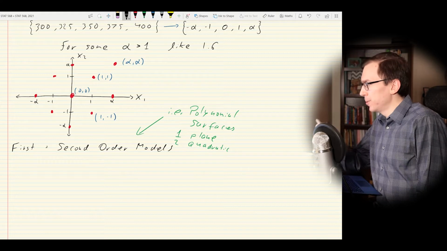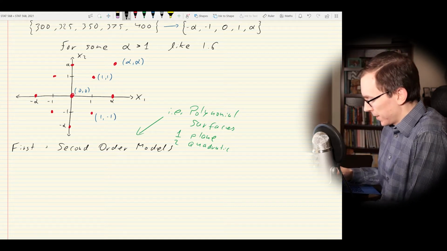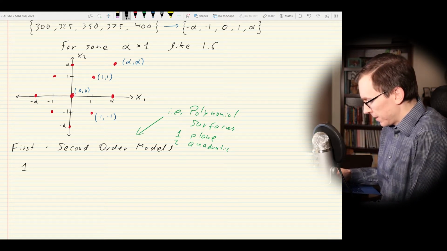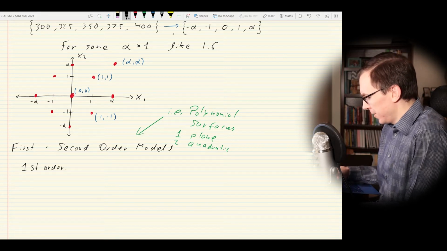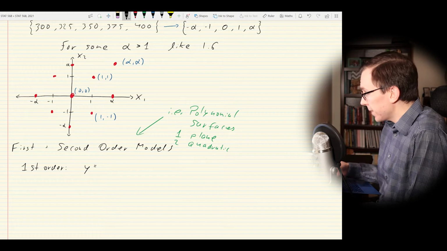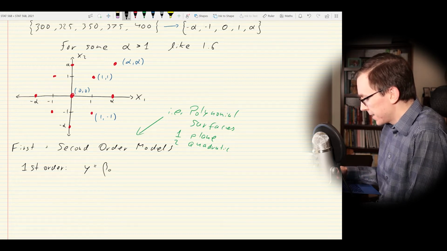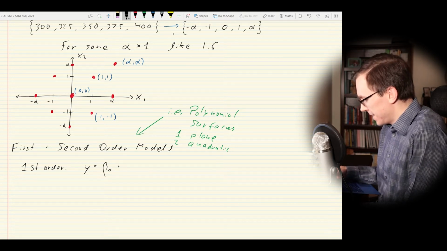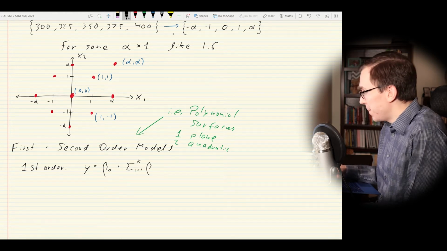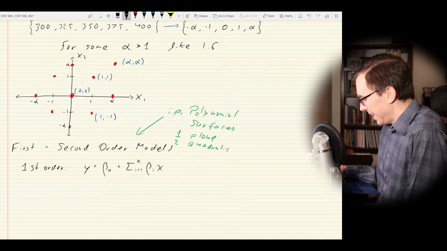All right, so what would this look like? Well, the first order model is going to look like y is going to be some beta naught plus the sum i from 1 to k of beta i xi plus epsilon.